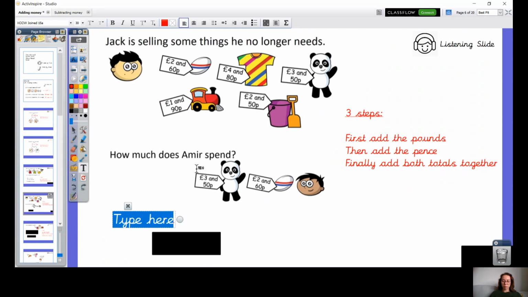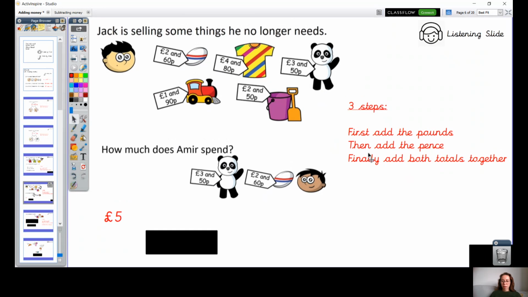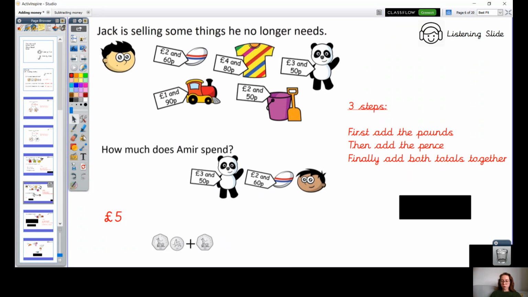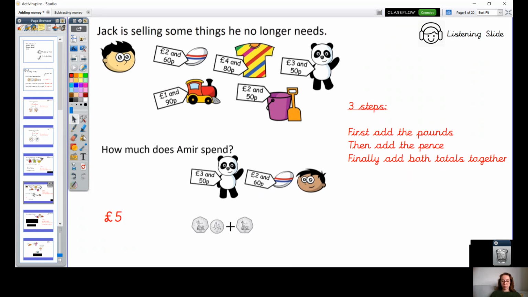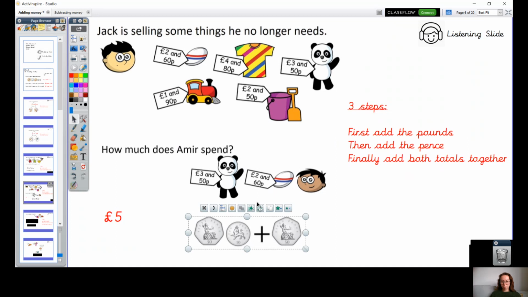And I know that 3 plus 2 is going to be £5. Then add the pence. So the pence here, I've got 50p and 60p. Let me show you what that looks like. It's the other way around actually, but we can see we've got 50p and we've got 60p. We need to add these together. Have you spotted something here?